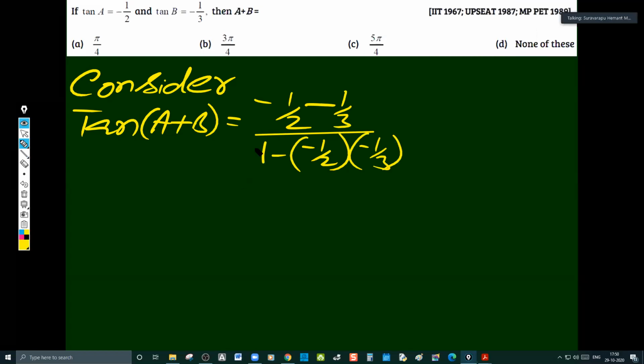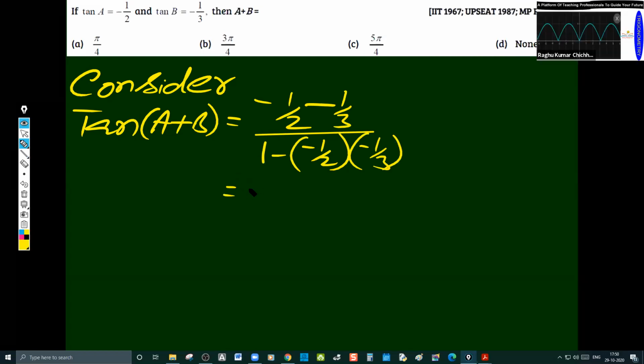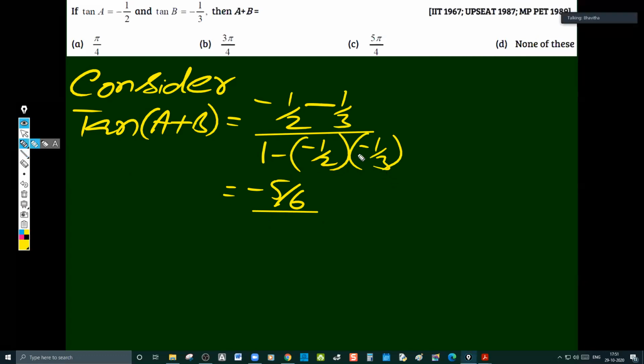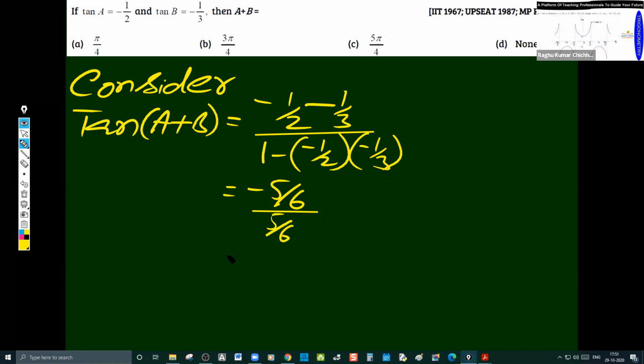It will be like minus 5 by 6. Denominator, 6 minus 1, 5 by 6. So you are getting minus 1.